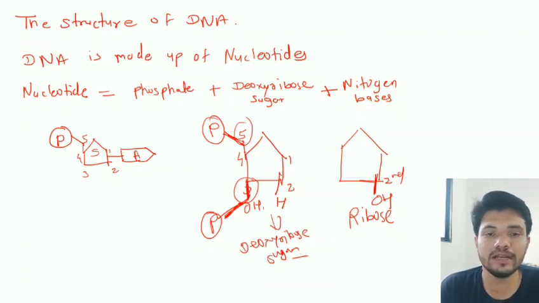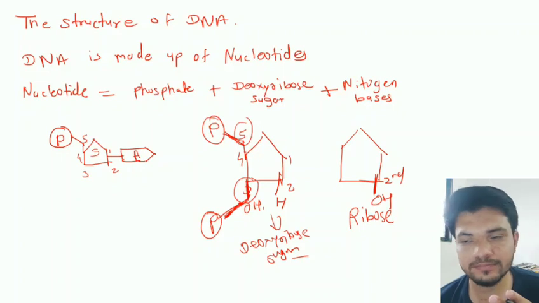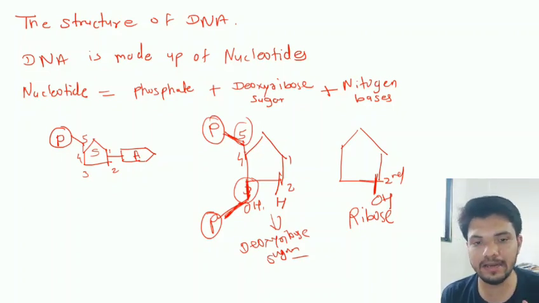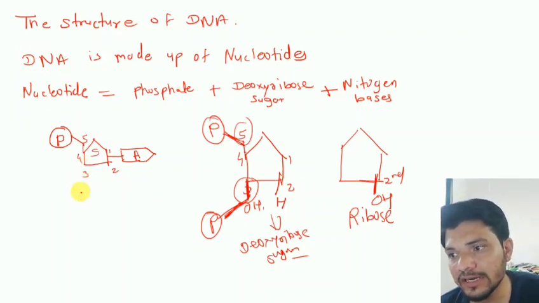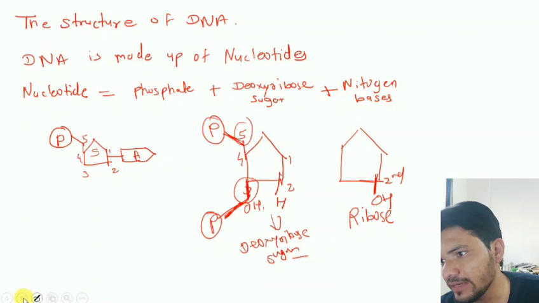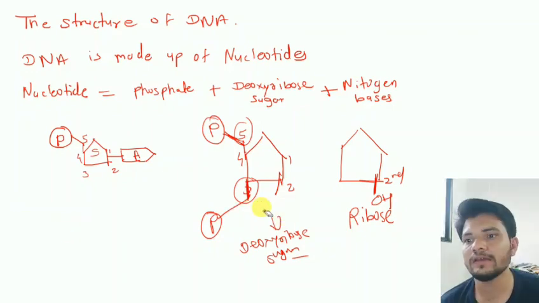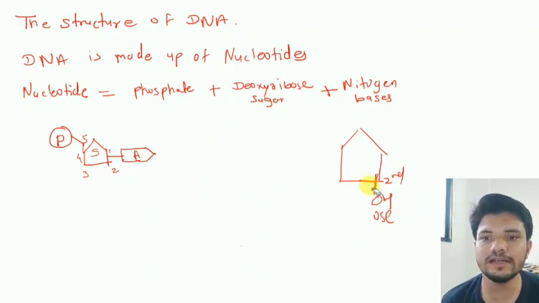The next thing is how so many nucleotides get joined to form a strand of DNA. As we know, DNA has two strands, and both strands run anti-parallel.